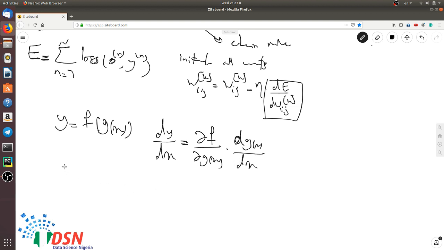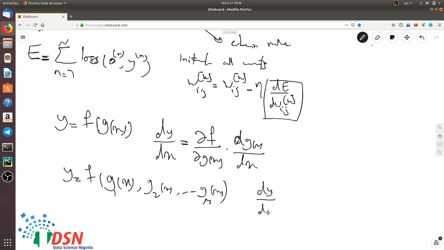So let's say now we have multiple g in here. So we have g1, g2, up to gm in here, and again we want to calculate dy to dx.